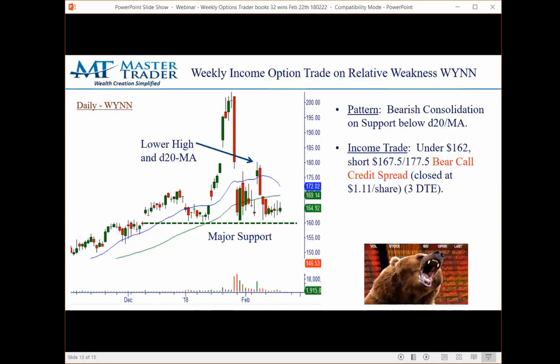So our income trade under 162 is going to be shorting an out of the money bear call credit spread. And I posted this yesterday, so we obviously aren't in it for the 3-day expiration.